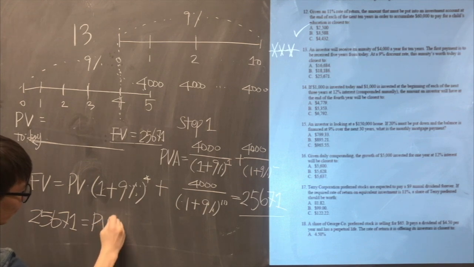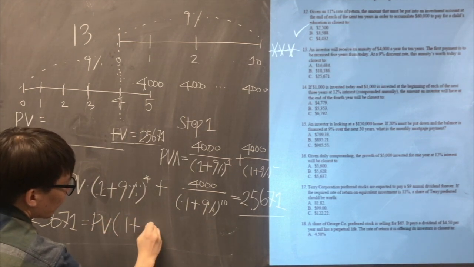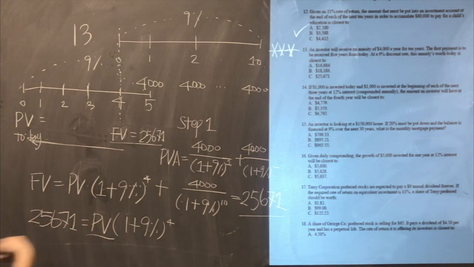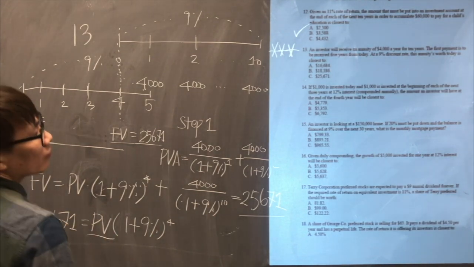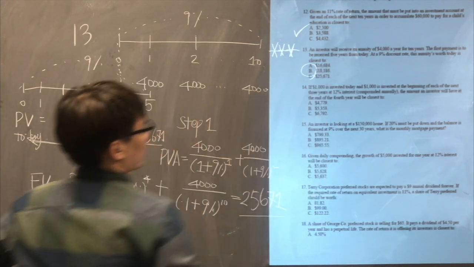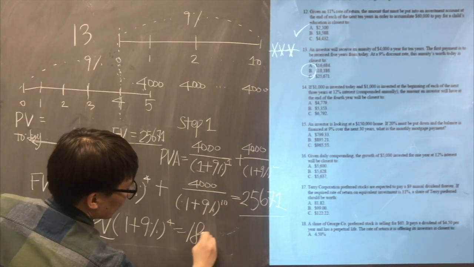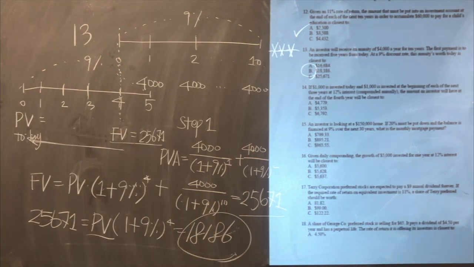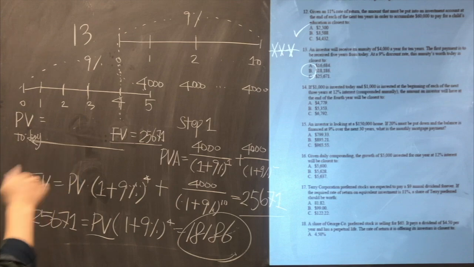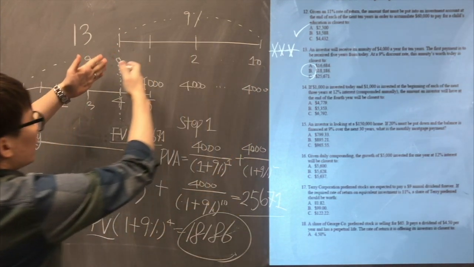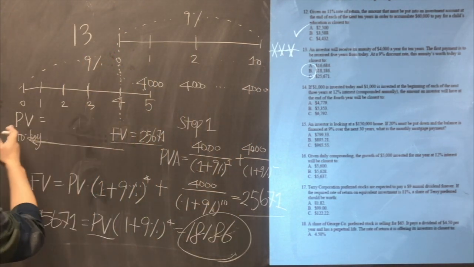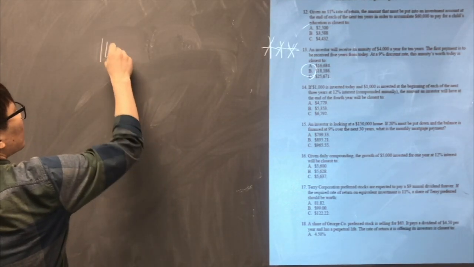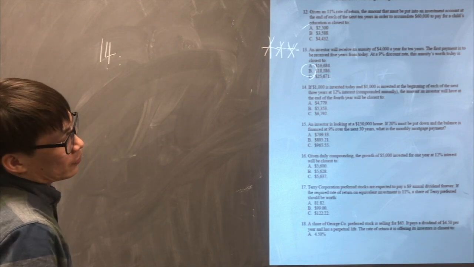Again, step 1, figure out your present value. Step 2, discount it. Okay? Question 14. This looks like an annuity question.